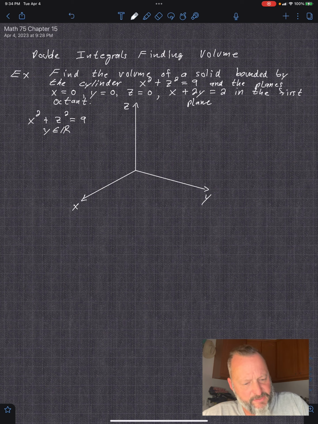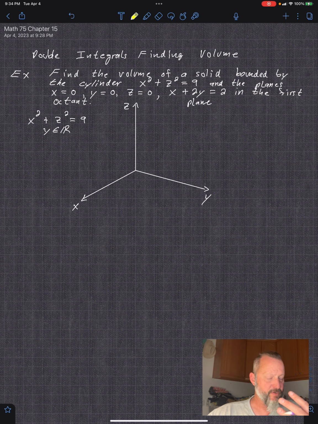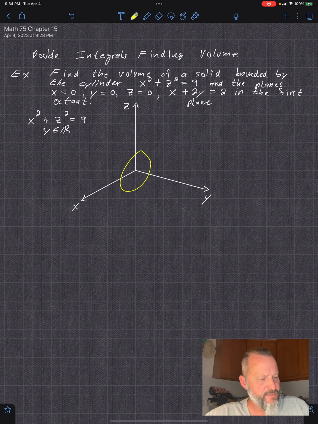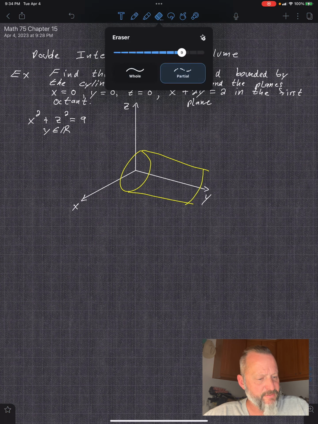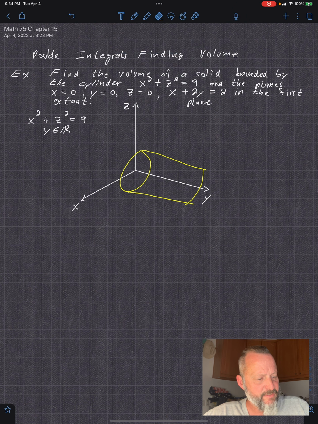And so what that looks like is you have, so it's like out along that axis. So it's like this, and then it's coming out along the y-axis like that. And again, just a rough sketch is all you really need. Nothing fancy. Okay, so that's what's happening.